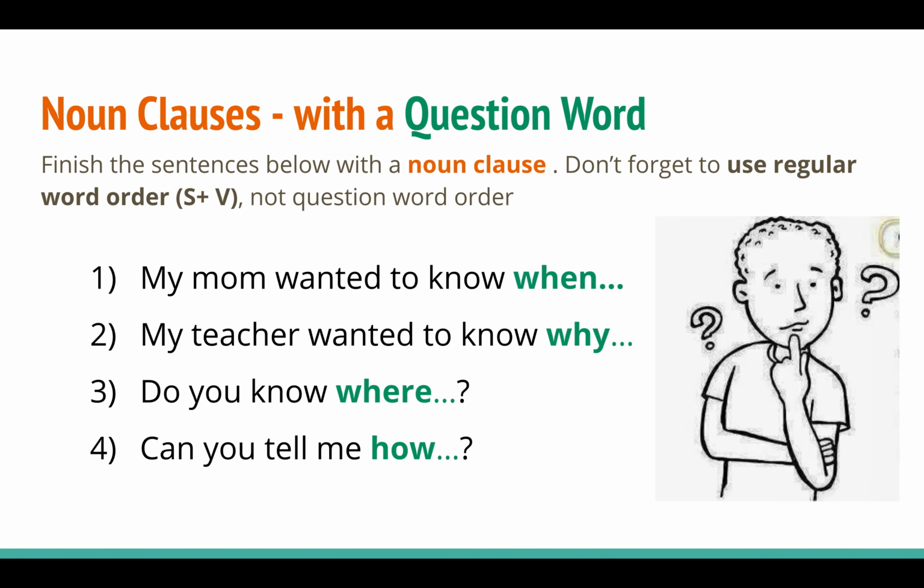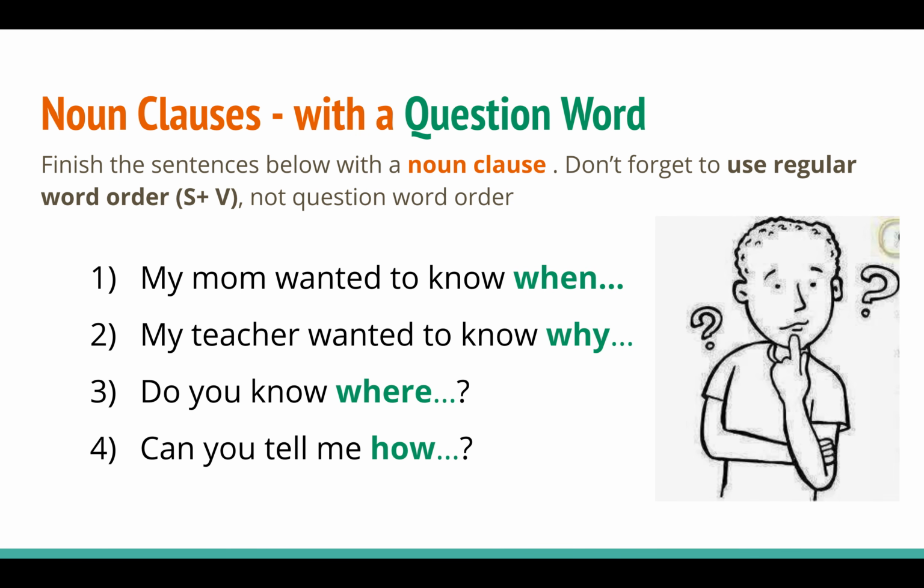And number 4, can you tell me how? Usually we say how to, but because this is a noun clause, I want to use how and a subject. Let's see, I could say, can you tell me how caterpillars turn into butterflies? Can you tell me that process?